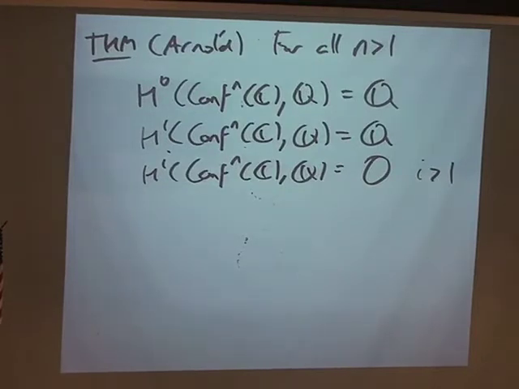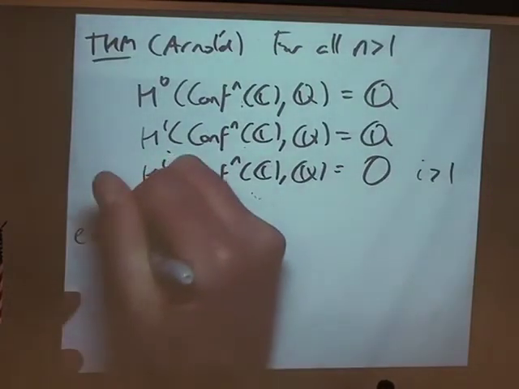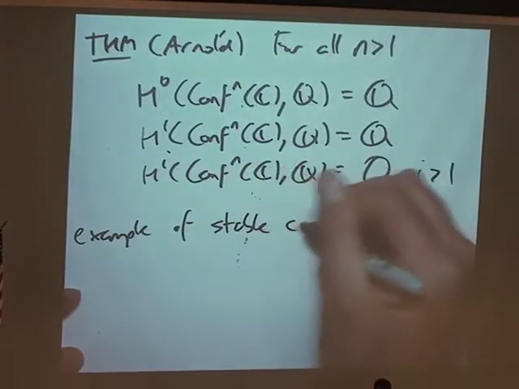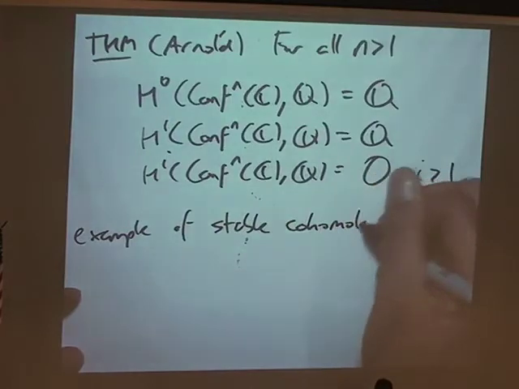Loosely speaking, what it means is that if somebody comes up to you and says, what's the rational homology of configuration space? You don't have to ask which configuration space. It's stable. And similarly, this is an example of stable cohomology.